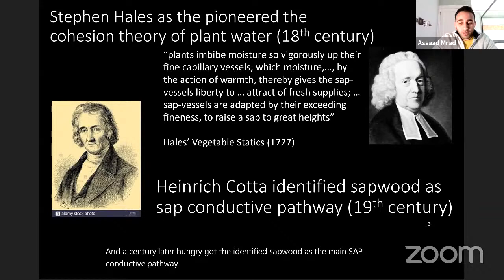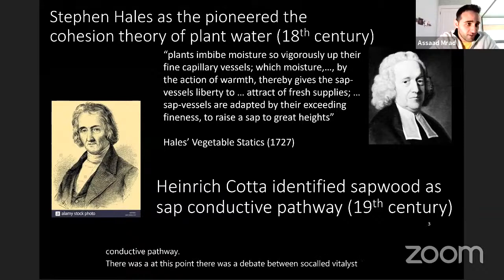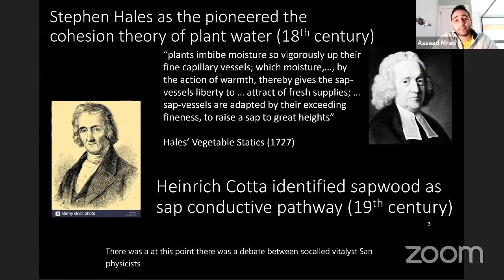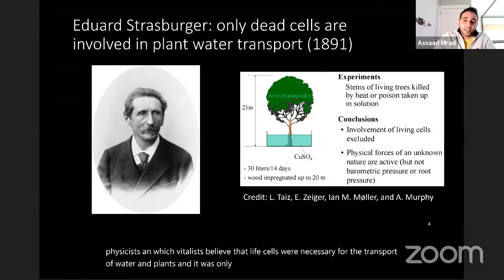But at this point, there was a debate between so-called vitalists and physicists, in which vitalists believed that live cells were necessary for the transport of water in plants. And it was only with Edward Strasburger in 1891 that this was settled.